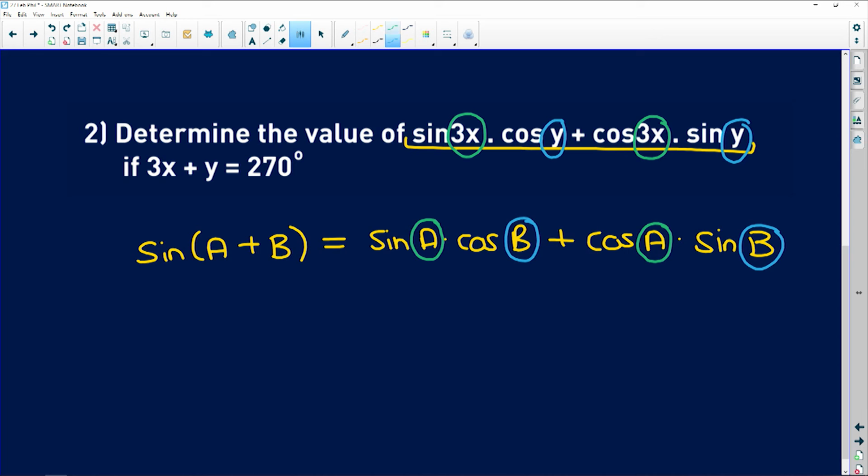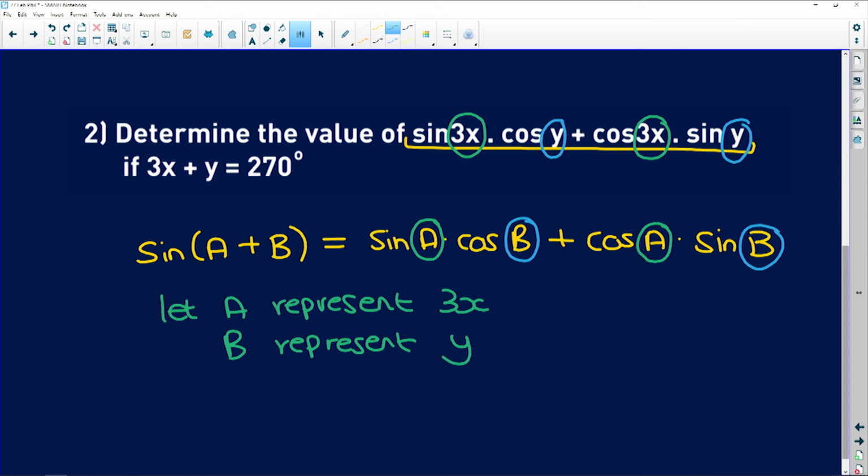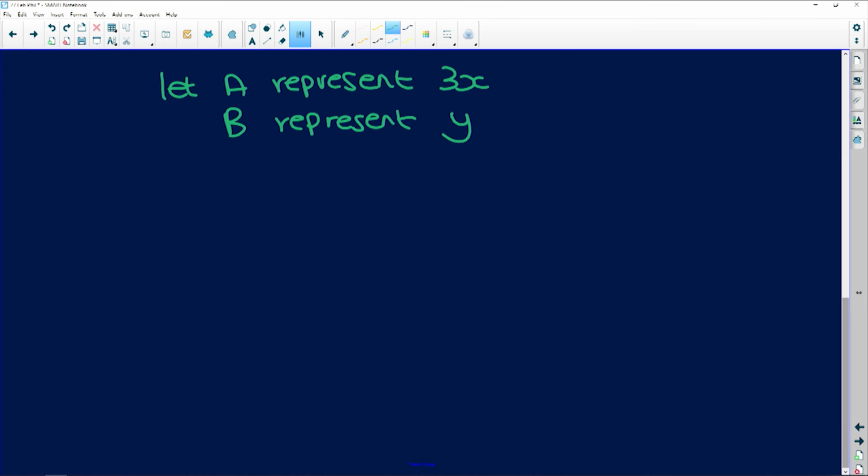Okay, so if you wanted to, you could say, let A represent 3x and B represent y. If you feel like it, it's going to help you out a little bit with your representation.